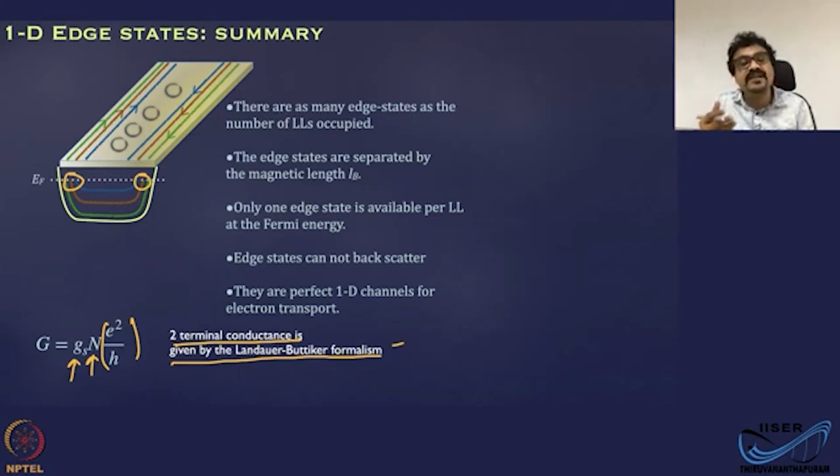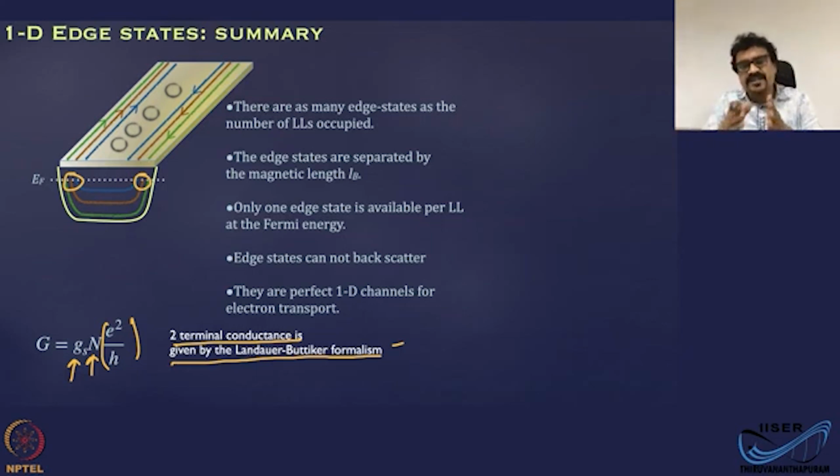So these edge states are reflectionless perfect 1D channels, because along one edge it will go in one direction, and along the other edge it comes back in the other direction. So they cannot reflect here. The reflection or backscattering would happen along the other edge.